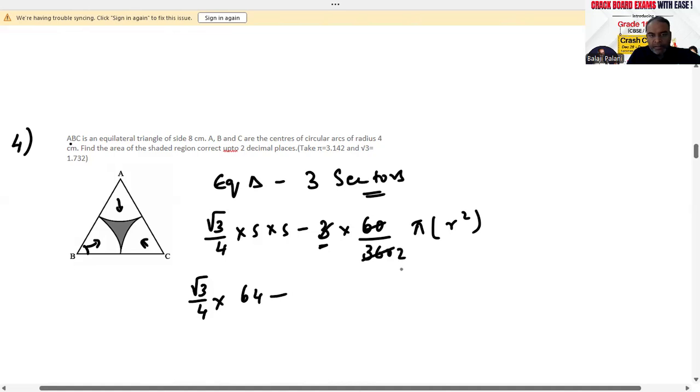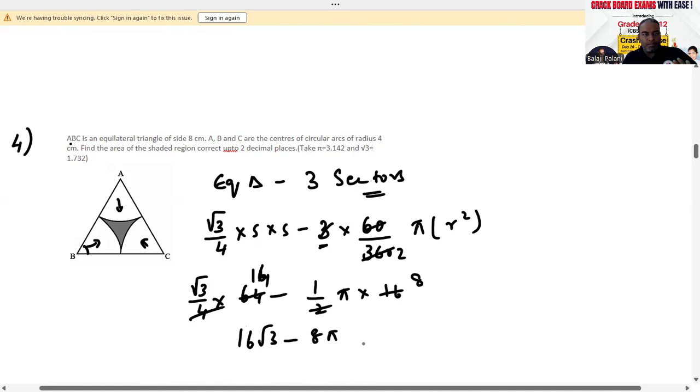This also gets cancelled, 1 by 2, 1 by 2 pi into radius is 4, so we get 16. So this is going to be 8 pi, and this is going to be 16 root 3. So effectively, the shaded region can be obtained by subtracting: 16 root 3 minus 8 pi. The values are given. Root 3 value is 1.732, pi is 3.14. If you put that all here, you get 2.59, correct to two decimal places. Don't forget to write the unit, which is centimeters square.